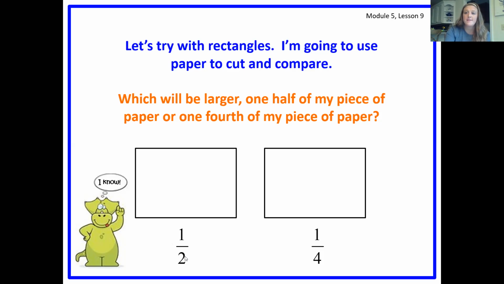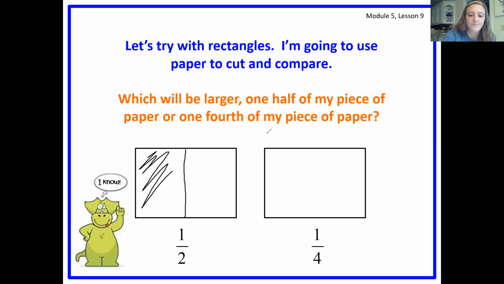The bottom number means I'm going to partition it into 2 pieces. So I'm going to partition this rectangle, or piece of paper, into 2 pieces, and color in one of them. I colored in 1 because my top number told me that, but I cut it into 2 pieces because my bottom number told me I want 1 out of 2 pieces.